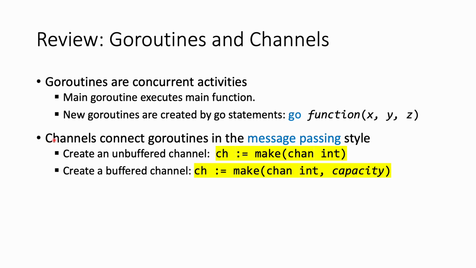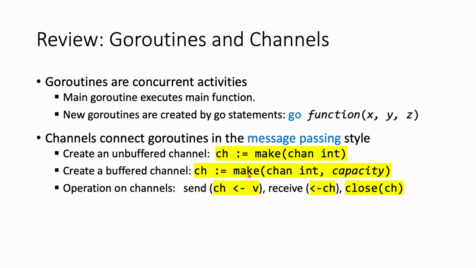To create an unbuffered channel, we call the built-in make function, passing the channel type as the only argument. To create a buffered channel, we add a positive capacity as the second argument of the function make.